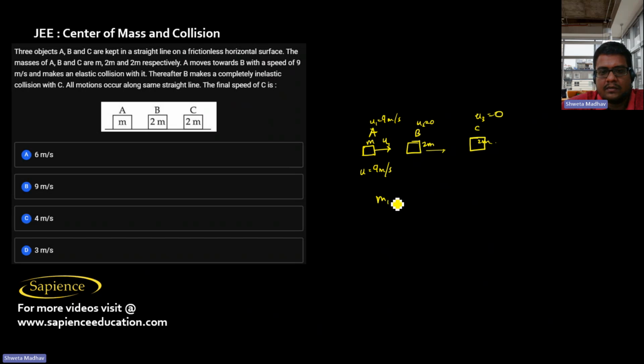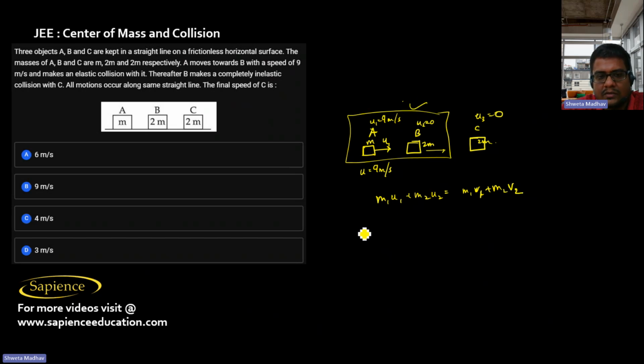So therefore I can say M1 U1 plus M2 U2 is equal to M1 V1 plus M2 V2, since here momentum is conserved for the collision of A and B, and the kinetic energy is also conserved since it is an elastic collision, or we can use the coefficient of restitution.